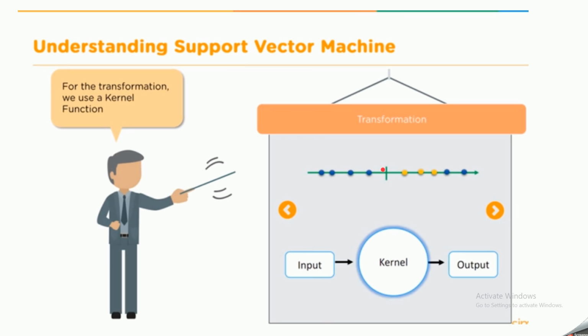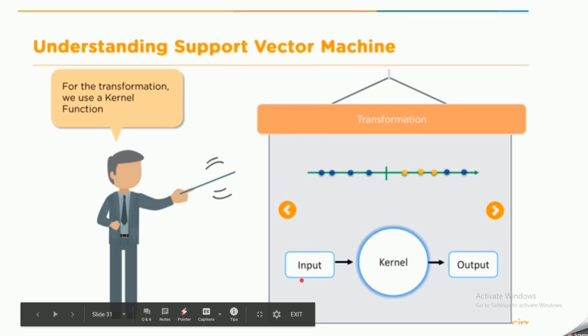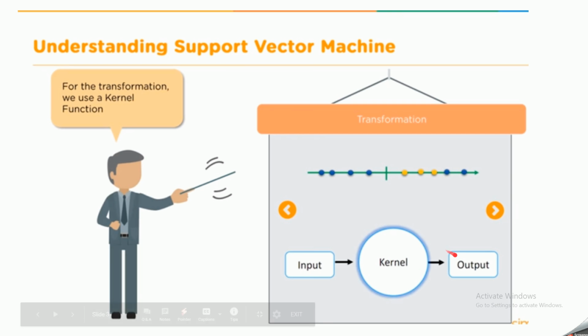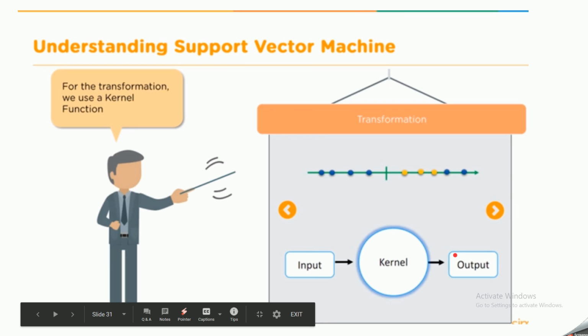So it is difficult for us to have a linear SVM that can correctly classify these two data points. So in that case, we have to give an input, and this input is transformed to a desired output through a kernel.